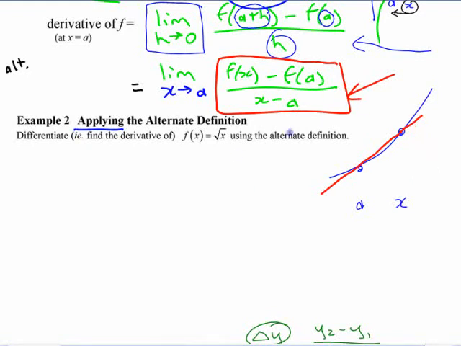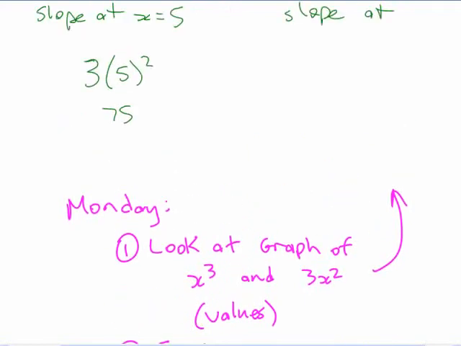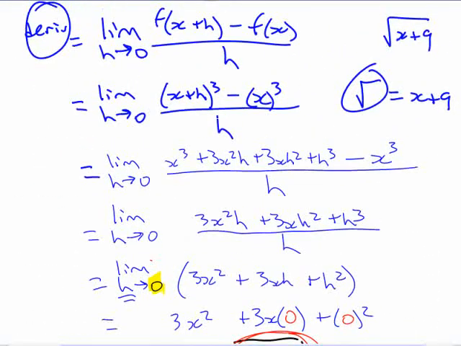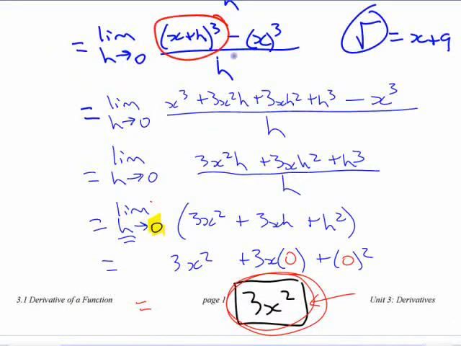The reason that we have this alternate definition is sometimes this original definition works well if you can make the algebra work, right? Like in this one, if you look back to this, all our nice algebraic work here, when you expand this thing and then subtract x cubed, eventually this cancels out. For any polynomial, it's going to work out that way.